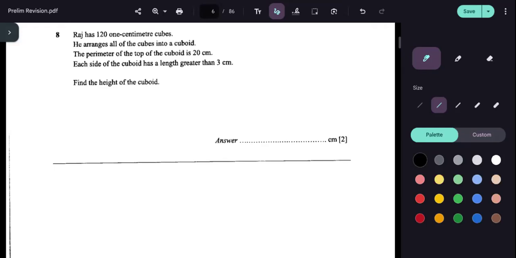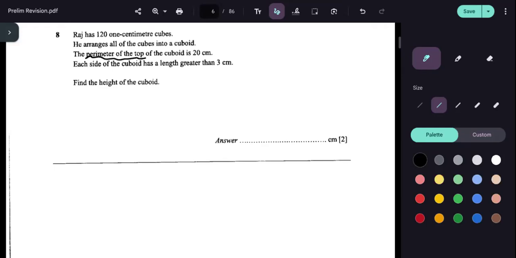So first, you need to understand what the perimeter of the top means. The top of a cuboid is a rectangle with a length and a width, or breadth.